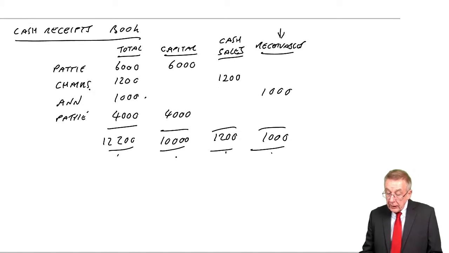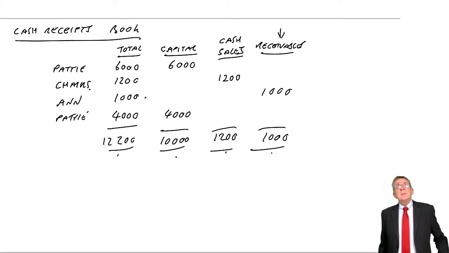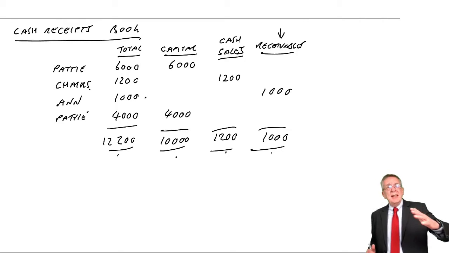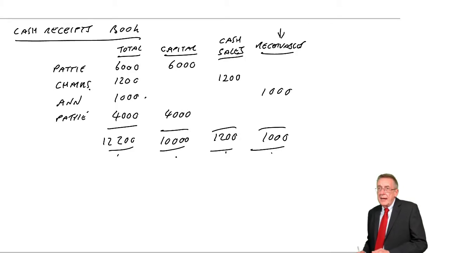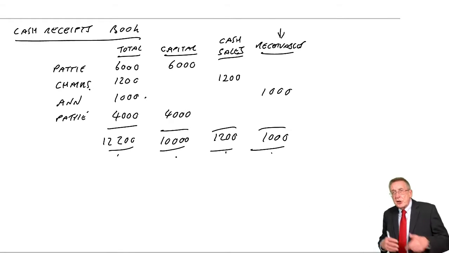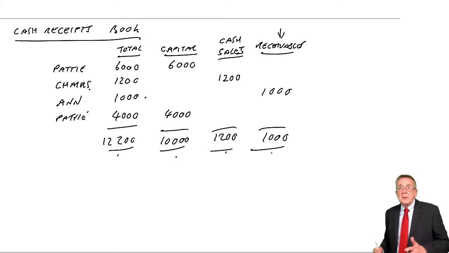Next one, I'll do the cash receipts book. Now watch me carefully here. With cash receipts, what's the double entry going to be? With a cash receipt, you debit cash and you credit somewhere. If it was cash sales, debit cash, credit sales. If it's cash from credit customers, debit cash, credit receivables, and so on.